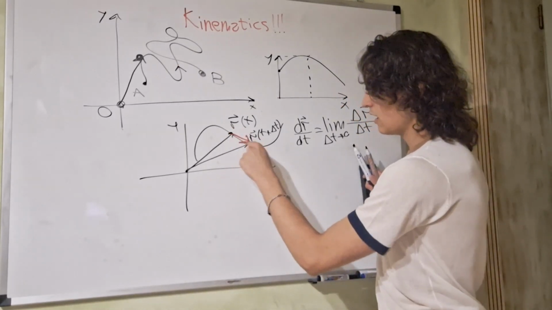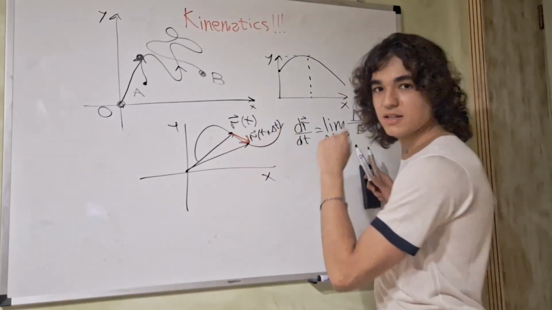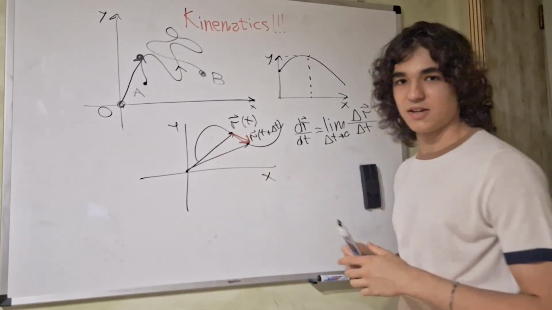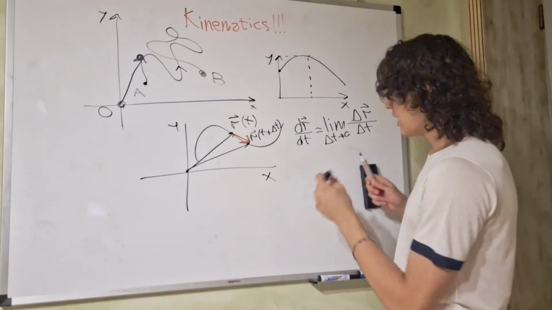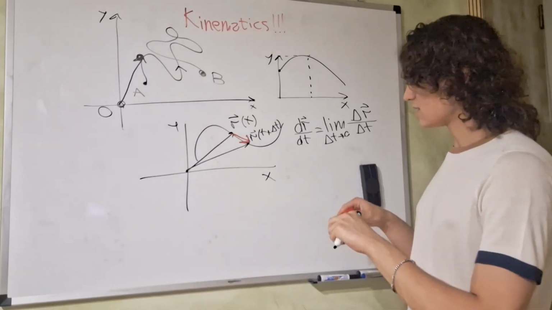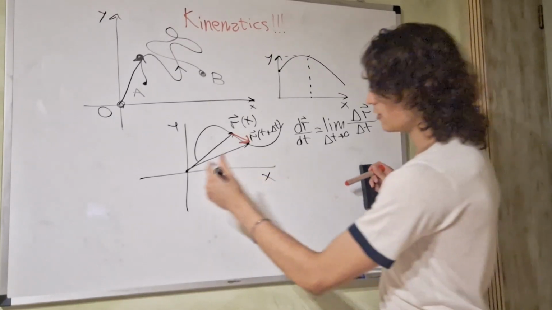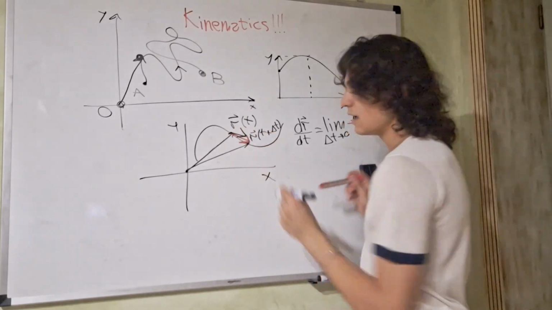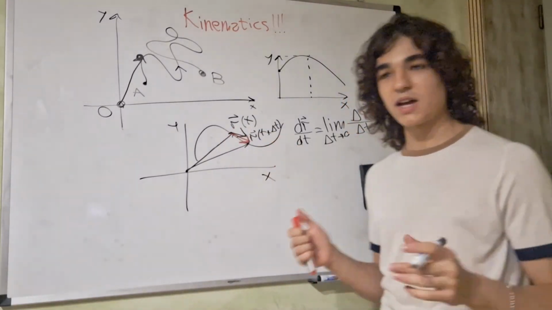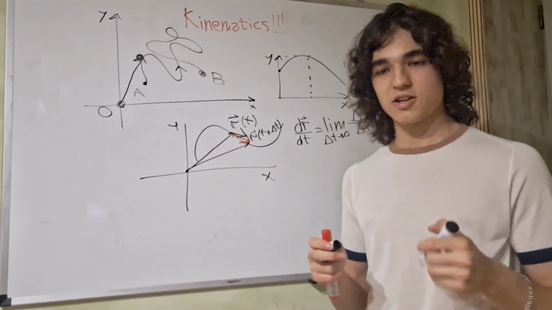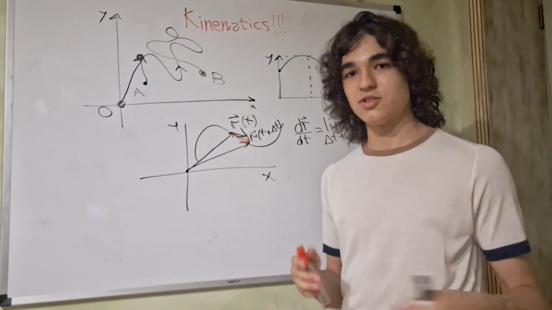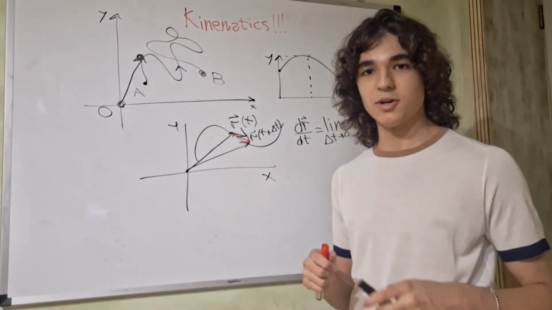So this equals this plus this, and this difference is simply this minus this. Now, if we take the limit as delta t approaches 0, so this vector gets closer and closer, we get this vector, and this vector is tangent to the trajectory. In fact, velocity is indeed tangent to the trajectory of motion.